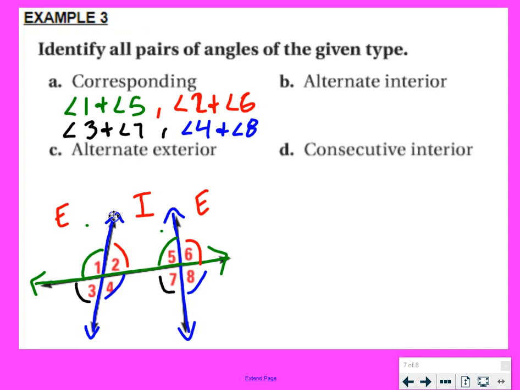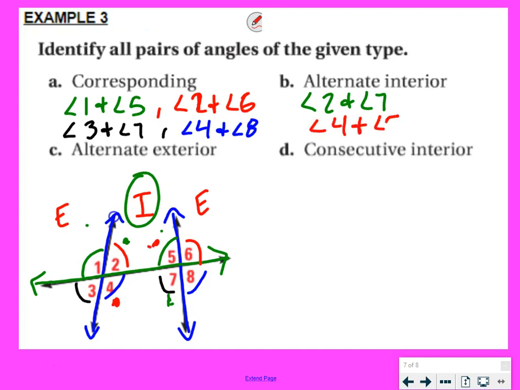Then if we look for alternate interior, we're looking on the interior, alternate, so on alternate sides. So 2 and 7 would alternate, right here and right here. And then the opposites would be here and here, the alternates. So angle 4 and angle 5. Alternate exterior, so now we're looking on the exterior.